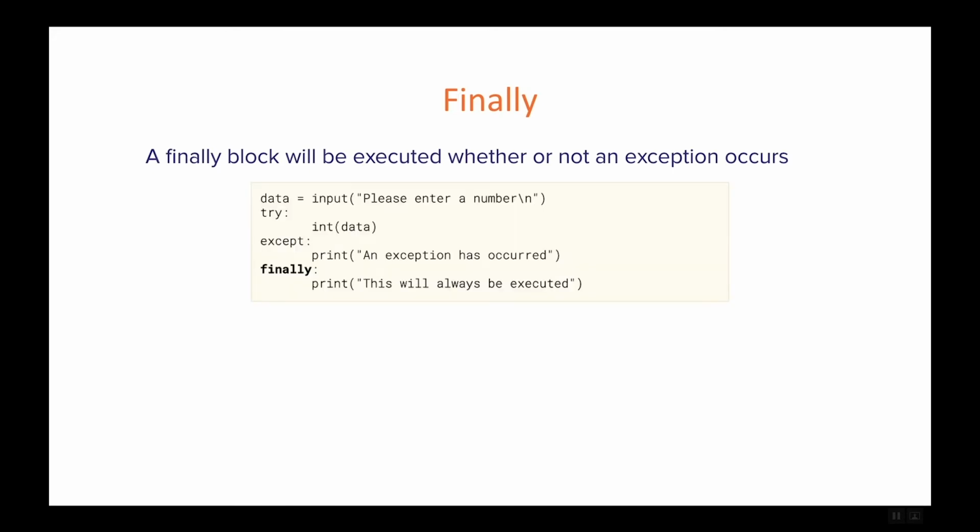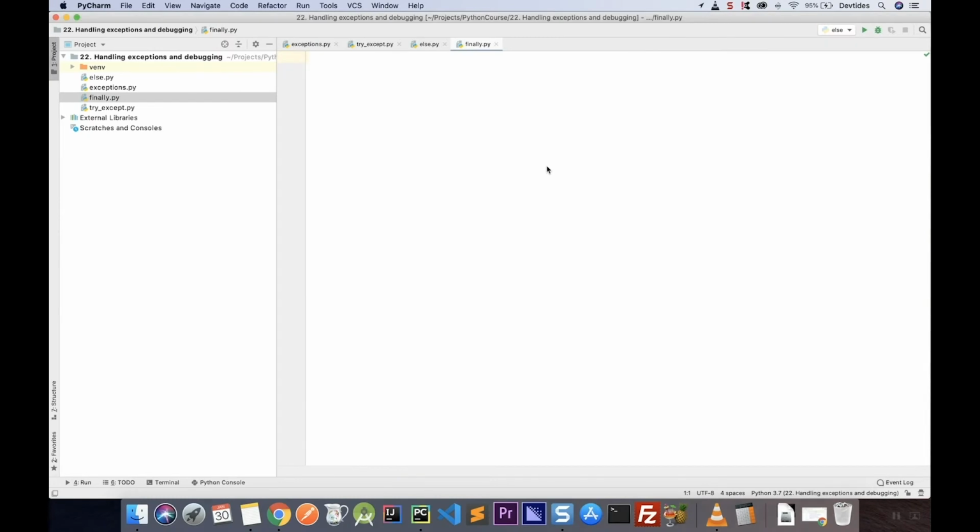So here is an example. We have the typical input information from our user that we're trying to convert to an integer, and we will catch any exception. But importantly, the finally block here will always be executed. Okay, so let's go ahead and try it out in our code. I'm going to say again, data equals input, "please enter a number."